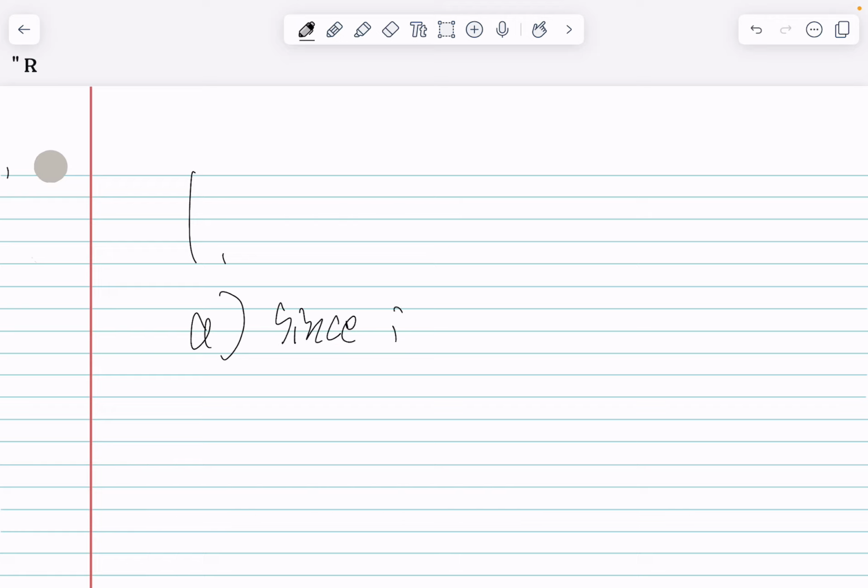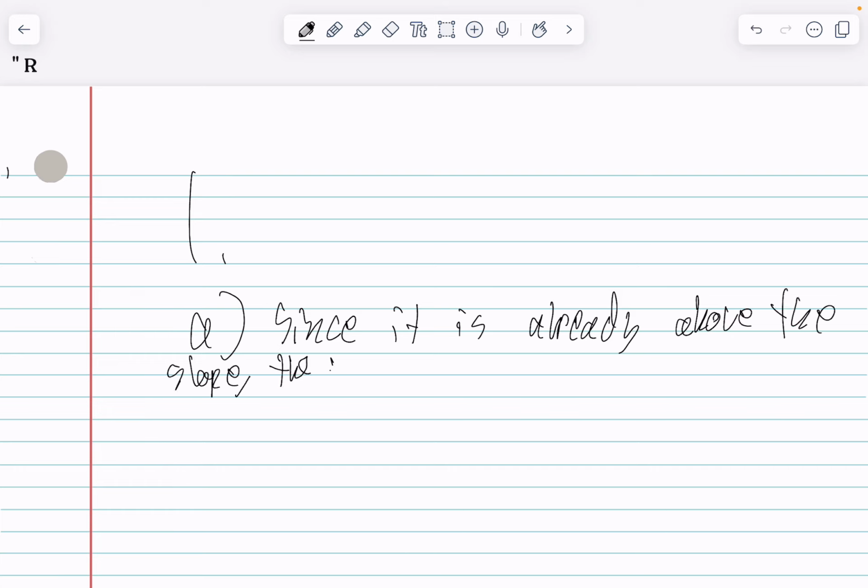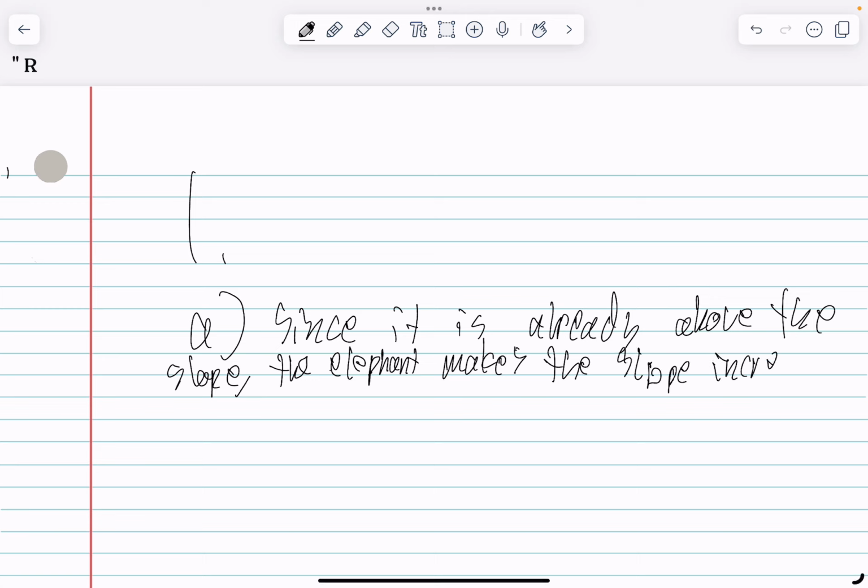Since it is already above the slope, the elephant makes the slope increase.